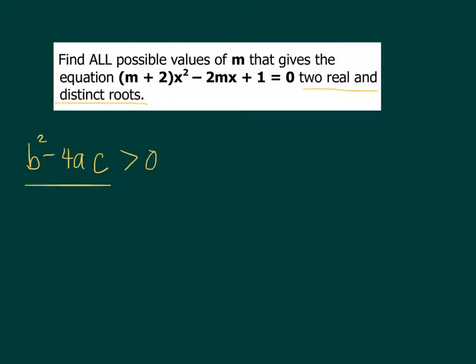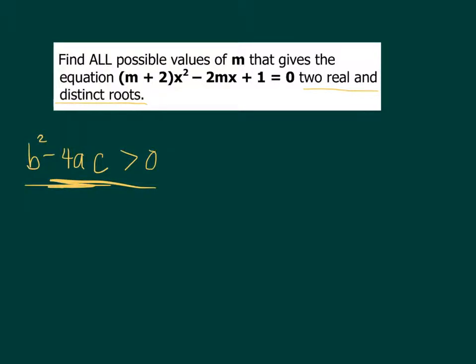If it has one real root, then b squared minus 4ac should be equal to 0. And if it has no real roots, then b squared minus 4ac should be less than 0. In this case, we use greater than 0 because it says two real and distinct roots.